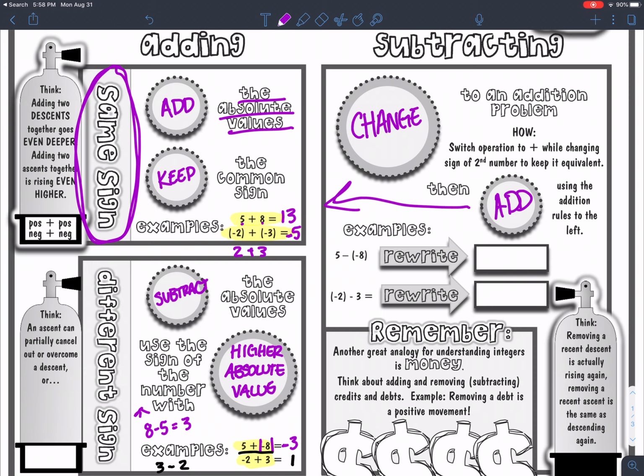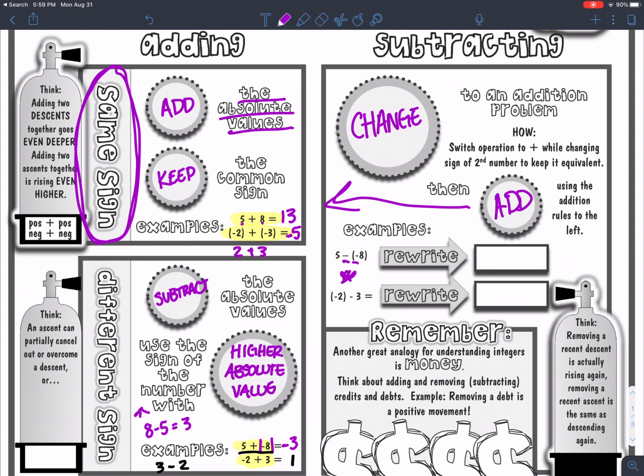You should already have some familiarity with this because we did this yesterday where we changed subtracting a negative or subtracting a positive to an addition problem. We rewrote those expressions. That's what we're doing right now. So, for example, if we come down to our examples here, 5 minus negative 8, we know that's minus a negative.